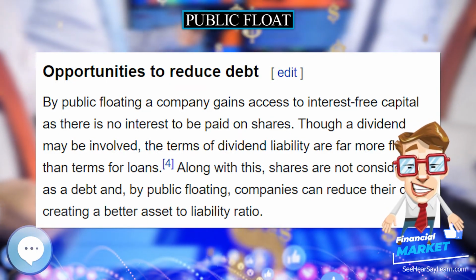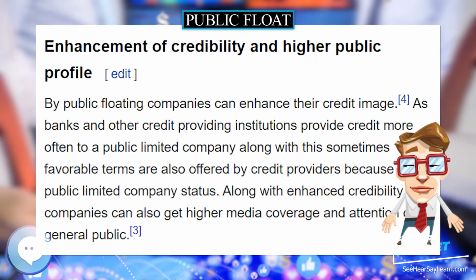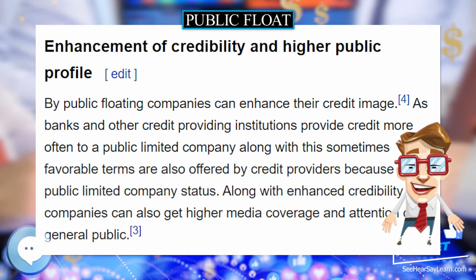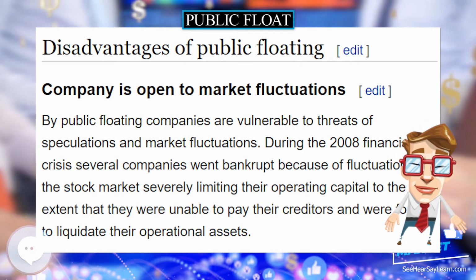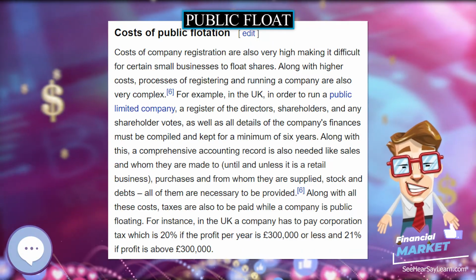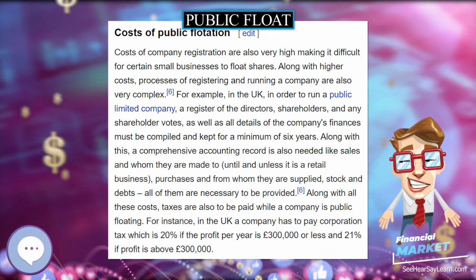Costs of public flotation. Costs of company registration are also very high, making it difficult for certain small businesses to float shares. Along with higher costs, processes of registering and running a company are also very complex.